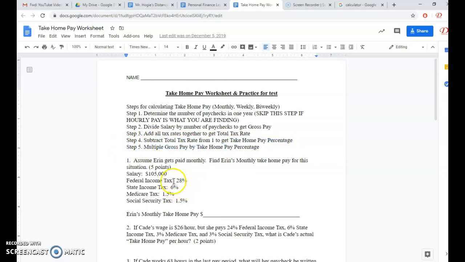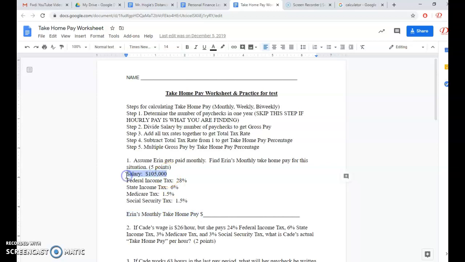All right, so in this scenario, it says assume Erin gets paid monthly. Find Erin's monthly take-home pay for the situation. All right, so her salary is $105,000, and these are her tax rates. We want to know what Erin's monthly take-home pay is, because this is her salary, right?